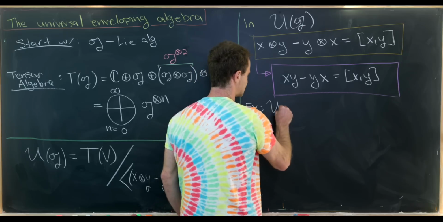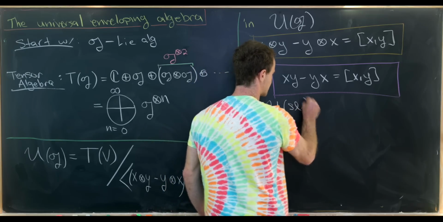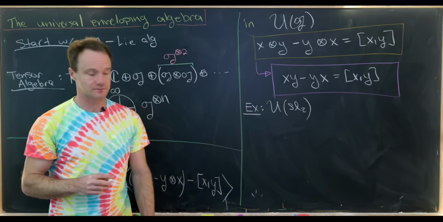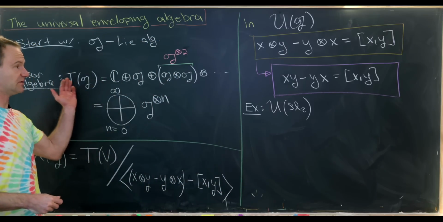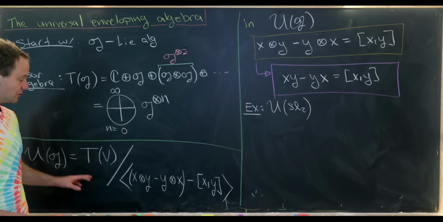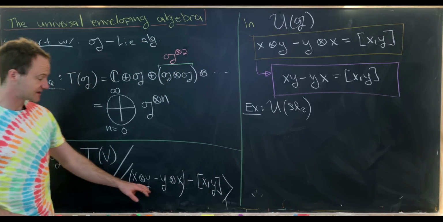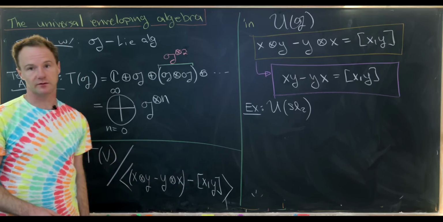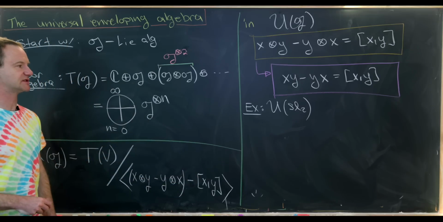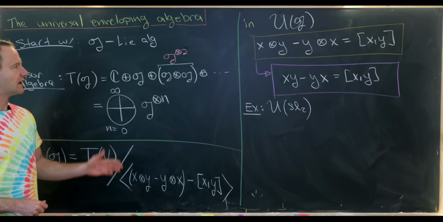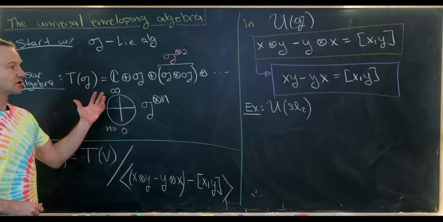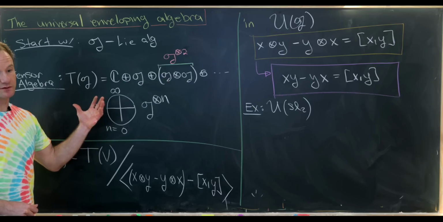So let's investigate the universal enveloping algebra of SL2. So just recall that this is going to be the tensor algebra of SL2, where we make this tensor product have the following commutation relations, if you will. But the important thing to do is that this looks mostly like polynomials.